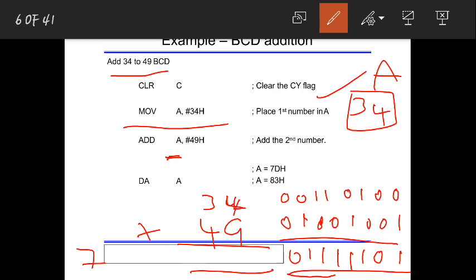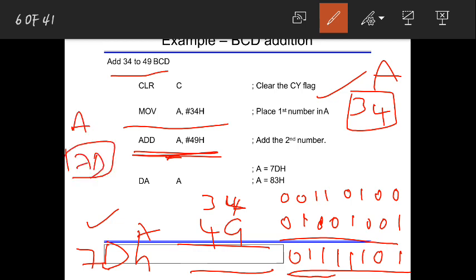So 13 means D in hexa. You got 7DH. This is the result of normal binary addition. After executing this complete instruction, A will be equal to 7D.